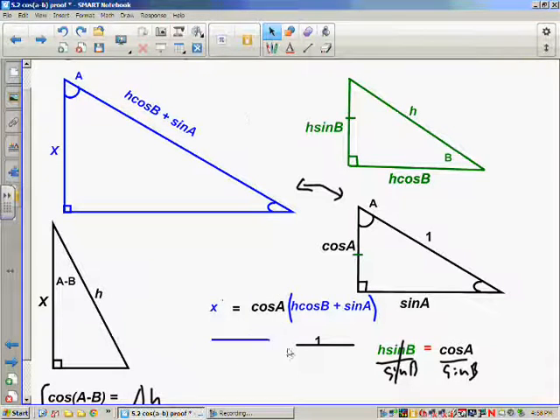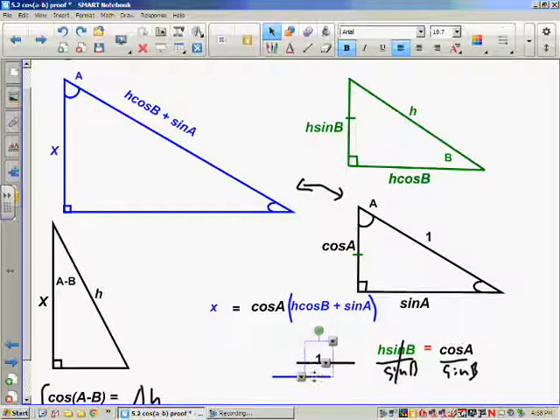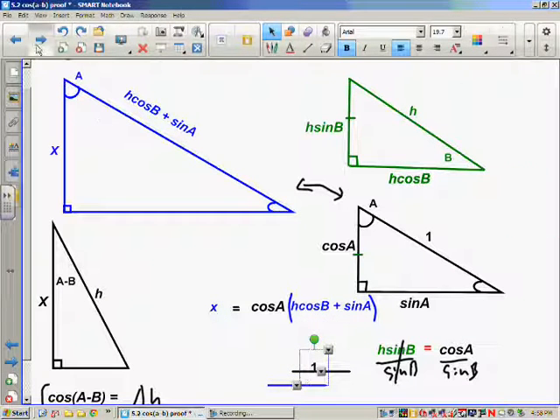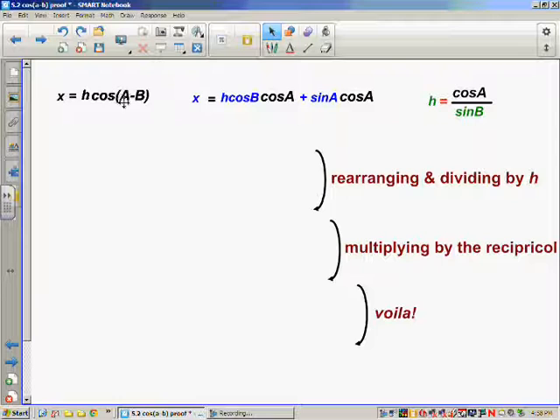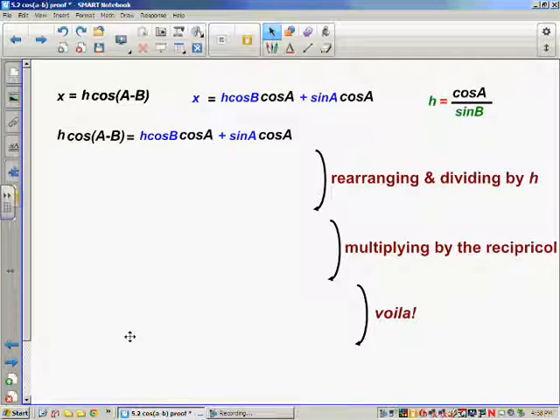So the equations that I have that I'm going to work with, and I'd ask you to just go through and verify, are going to be x equals h cos A minus B, x equals this fairly long drawn out sum, and then I have this. What I'm going to do is start by setting x equal to x. So h cos A minus B equals this mess.